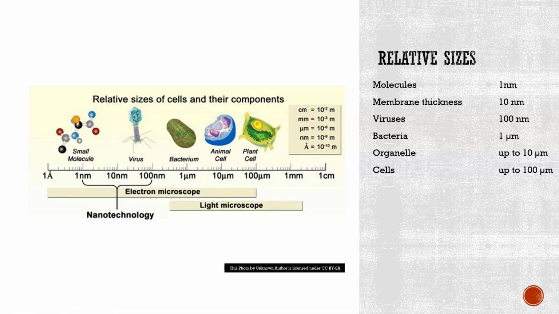So we'll do some more practice in class around those measurements. It takes a little bit to get your head around them. Just have a read through and we'll start to get that understanding.